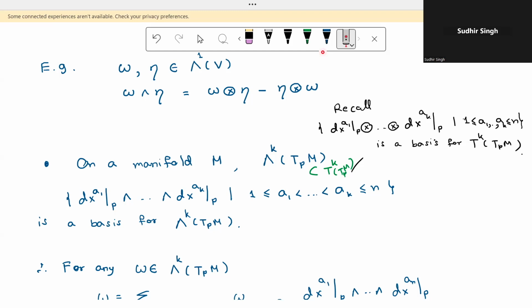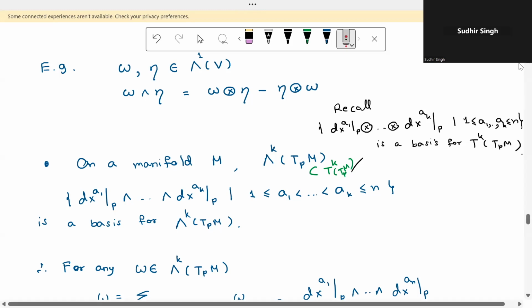I would like to note one thing. You see that in the set of bases, the indices are different from here. Here the index can be any number from 1 to n, so it can be repeated. But here it must not be the same. And the reason is due to a property of the wedge product of covectors.